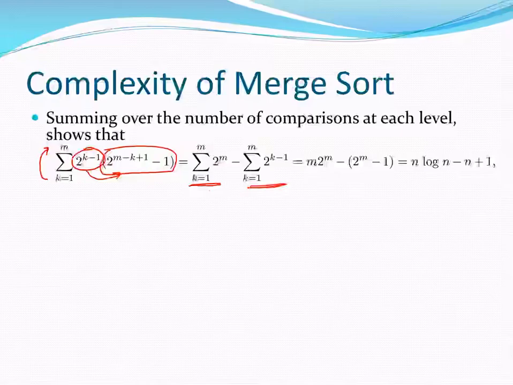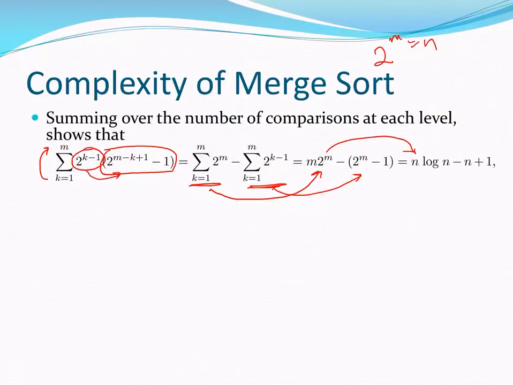And the sum of 2 to the m doesn't have a k in it, so it's just m copies of 2 to the m. And this is a geometric sum here. There's a formula for that to get 2 to the m minus 1. But remember, 2 to the m is equal to n, and so I can replace that with an n.